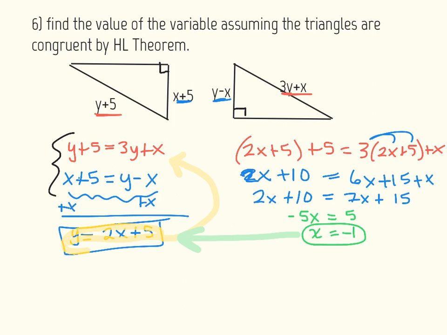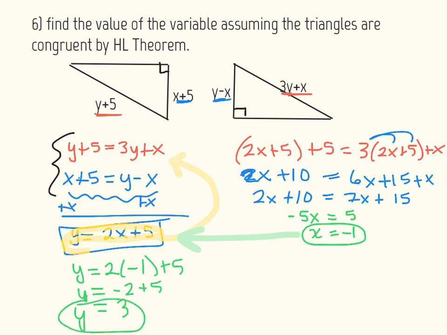So I'm going to have y equals 2 times negative 1 plus 5. 2 times negative 1 is negative 2, plus 5, which is 3. So y equals 3. So our final answer is x equals negative 1 and y equals 3 in this case. And we're done.